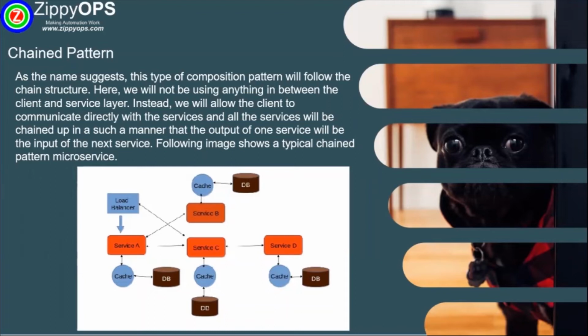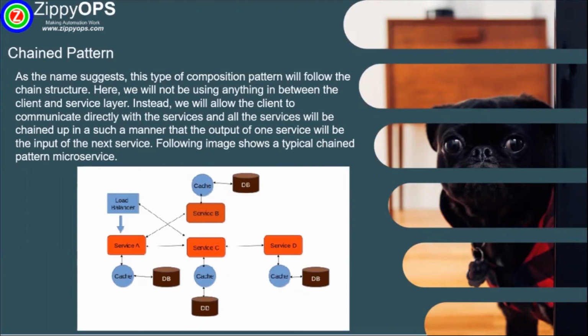And the payment gateway is going to give you the page for entering the credit card information. Once that is done, it is going to call the shipping service. So this is a typical example of a chained pattern. You are calling one service, and as a domino effect, it is going to call the other services. That's called a chained pattern.